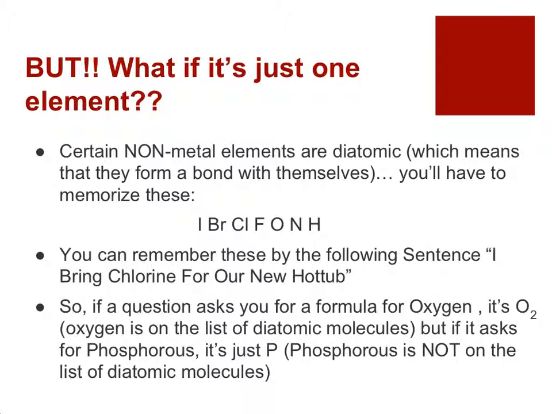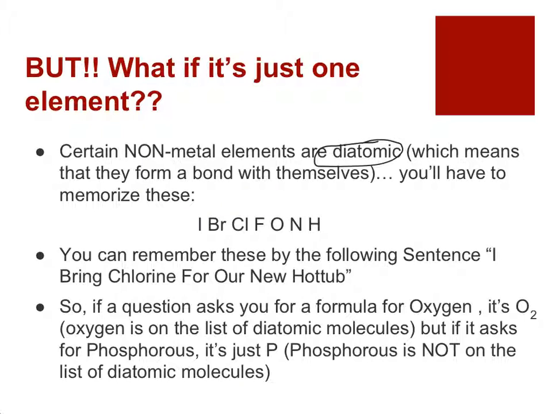One other note, if you have just one element, so say you had just I2 or you had just H2, they are covalent compounds, but in terms of writing out their formula, we need to make sure we recognize whether they're just a single atom or whether they are diatomic, which means that they form a bond with themselves.